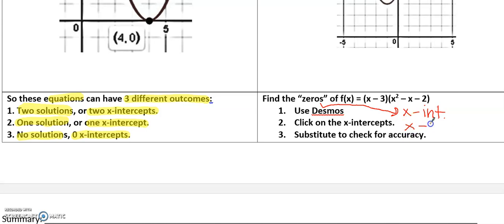That's all that matters here, because zeros are just the x values, not the ordered pair or anything like that. The x-intercept is the ordered pair. The zeros are just the x values. But after you click on those intercepts, do me a favor, substitute them back into x in your head and verify that they are indeed solutions, or I should say, evaluate to 0.